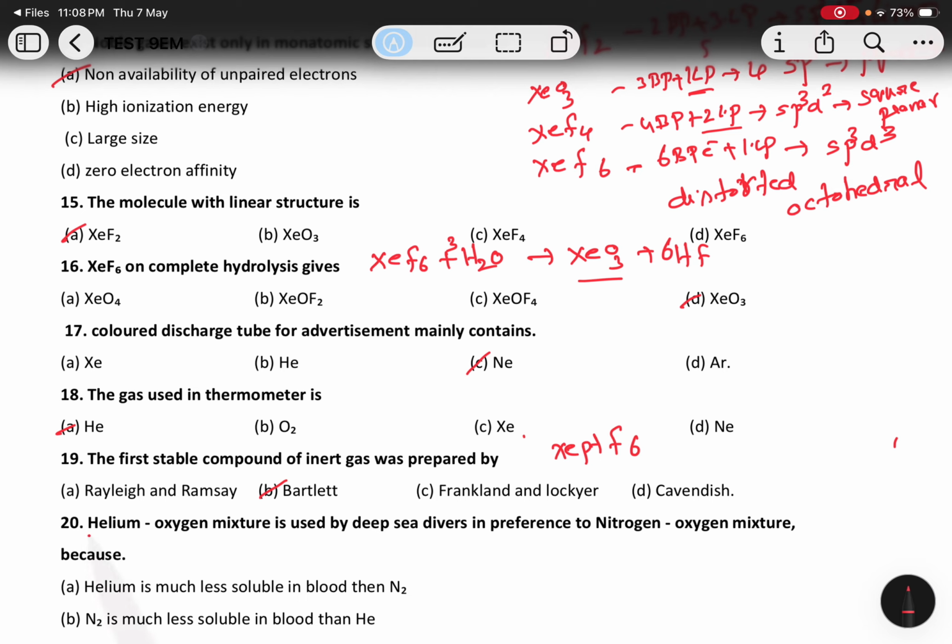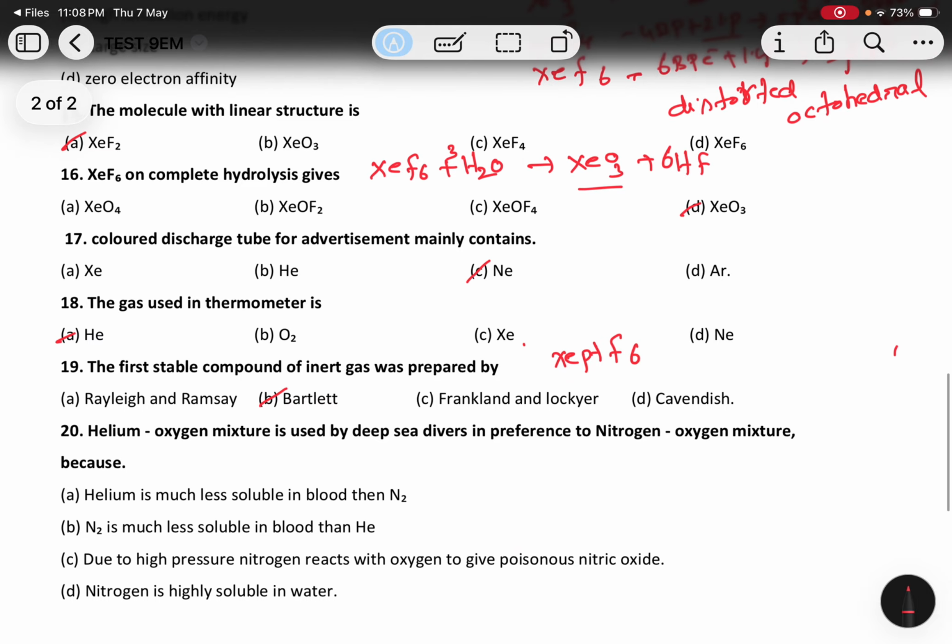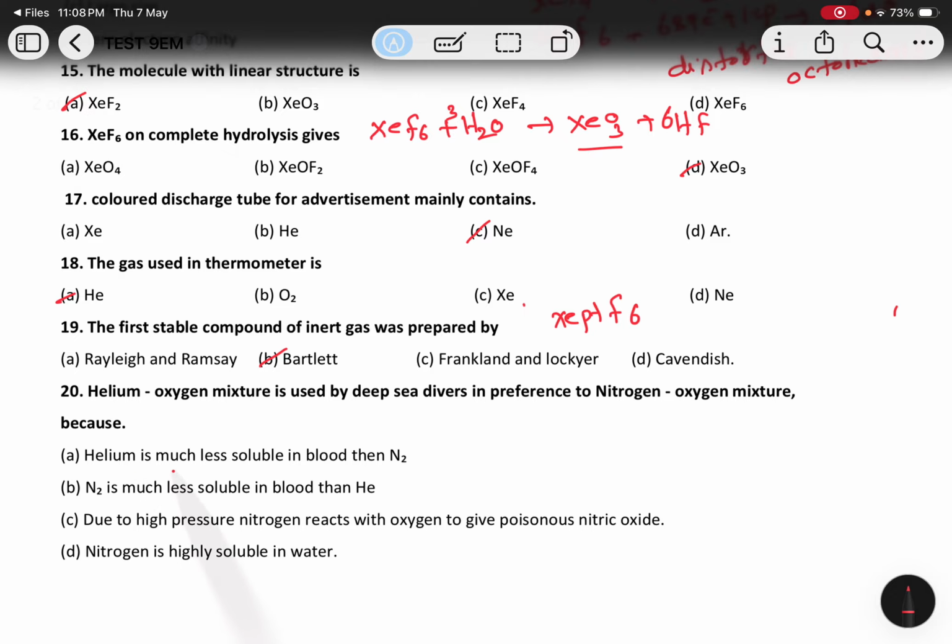Next, 20th one. Helium-oxygen mixture is used by deep sea divers in preference to nitrogen-oxygen mixture because: option A, helium is much less soluble in blood than nitrogen. Nitrogen is highly soluble in blood, whereas helium is less soluble. Due to high pressure, nitrogen would react with oxygen to give poisonous nitric oxide.